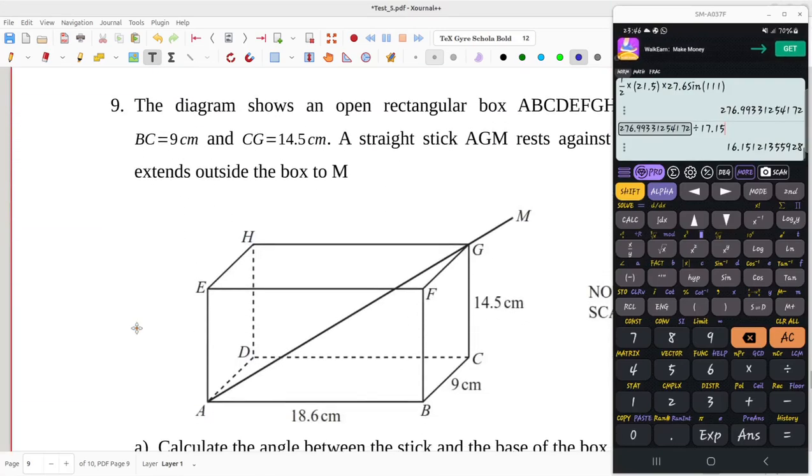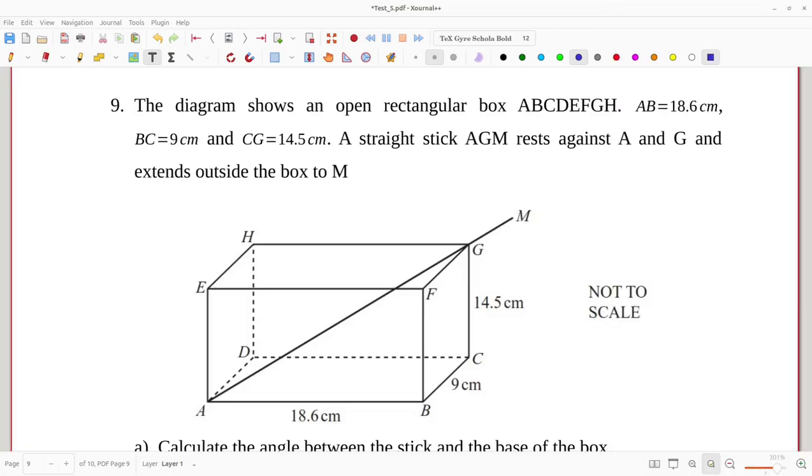Next question. It's on the trigonometric 3D. Well, concerning the trigonometric 3Ds, all you do is try to locate a right angle triangle and use either your SOHCAHTOA or the Pythagoras theorem.